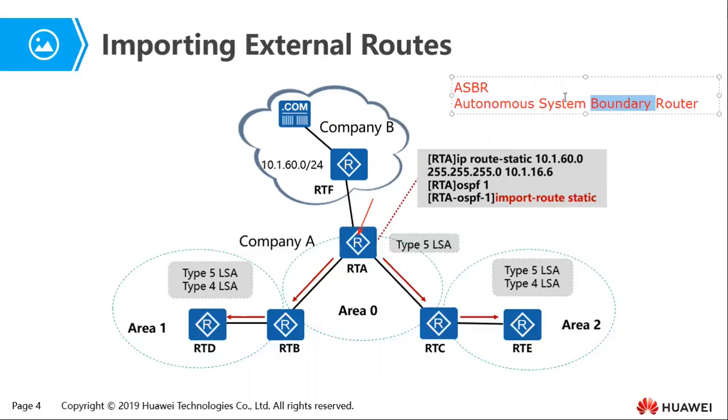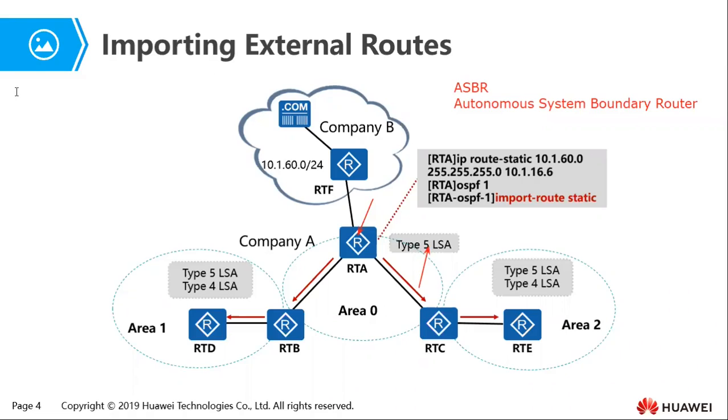So router A is an autonomous system boundary router. Now, when it imports an external route into area 0, it imports that particular route as a type 5 LSA.